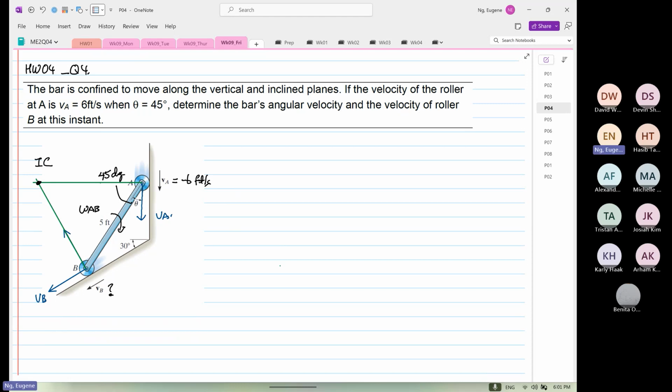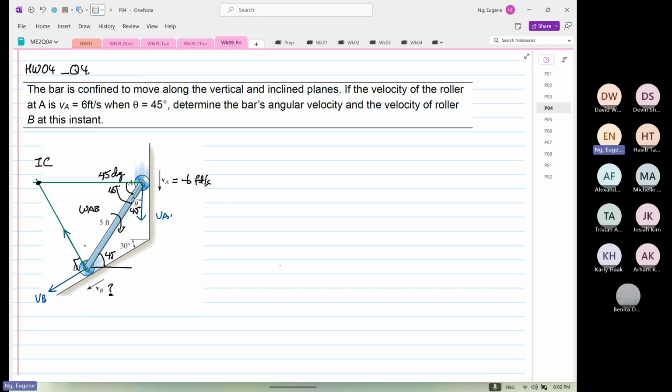The next thing that you need to know about instantaneous center is your angles. We are very sure that this is how many degrees? 45. If that is 45, this has to be 45 degrees. Then we know that this is 90 degrees. Do we know this angle over here? 45.